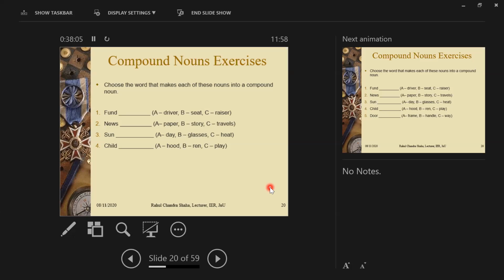Fundraiser. News. All of you are requested to write down in your sheet, and after that I will come one by one.